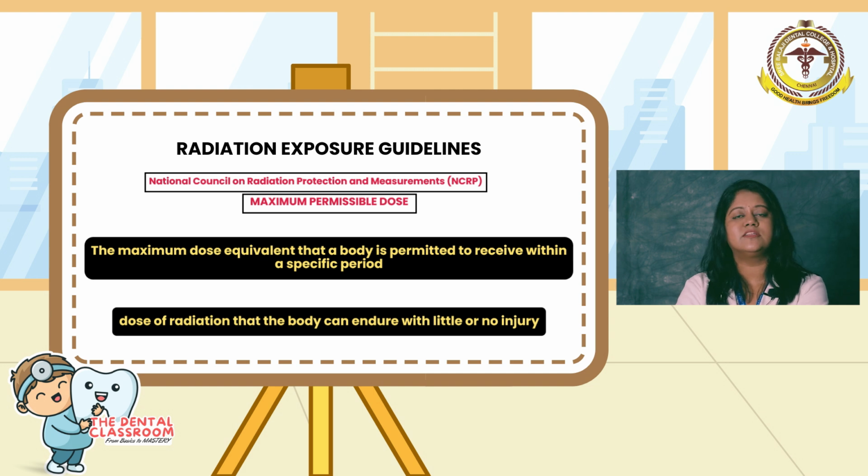Okay. What are the radiation exposure guidelines? The National Council on Radiation Protection and Measurement defines the maximum permissible dose as the maximum dose equivalent that a body is permitted to receive within a specific period of time. This is the dosage of radiation that the body can endure with little or no injury.